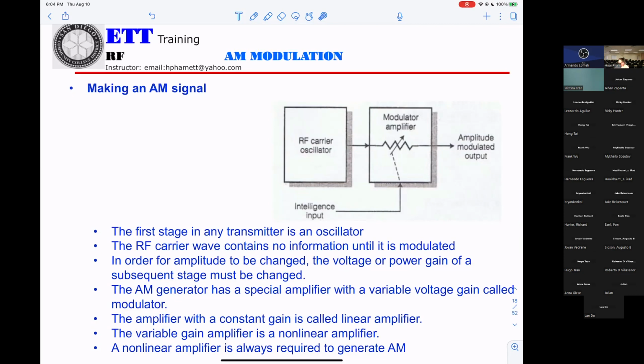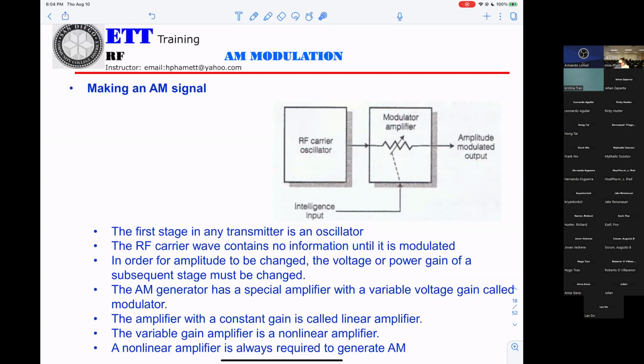In order for amplitude to be changed, the voltage or the power gain of a subsequent stage must be changed. The AM generator has a special amplifier with a variable voltage gain we call a modulator. That means inside here, they automatically change the signal, changing the gain. Okay.